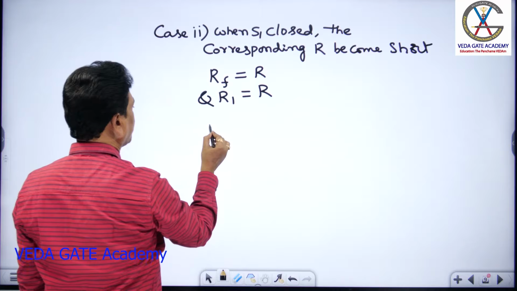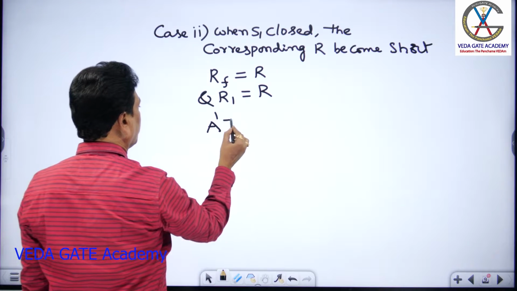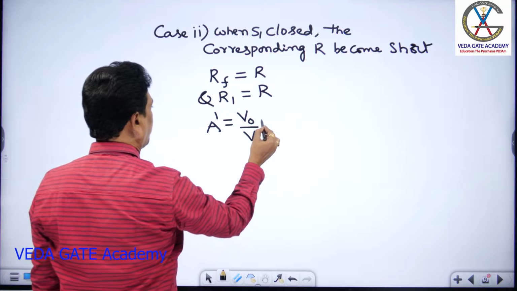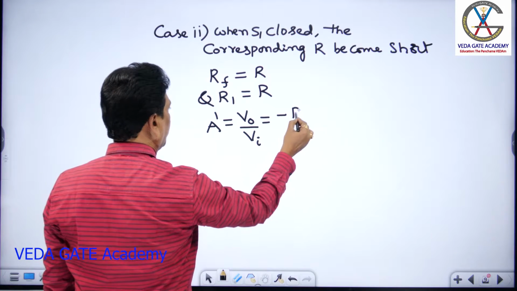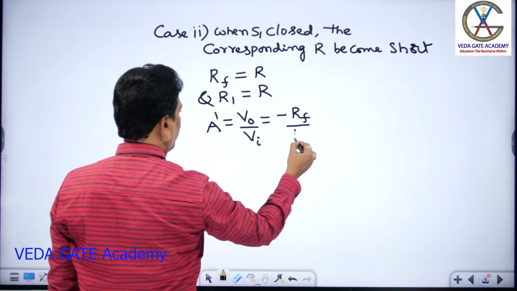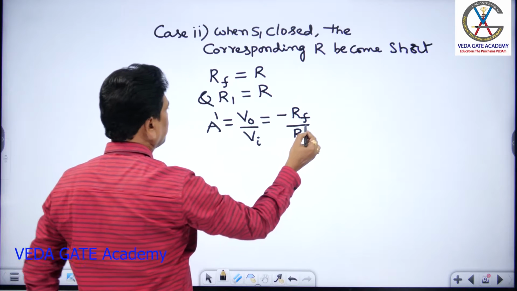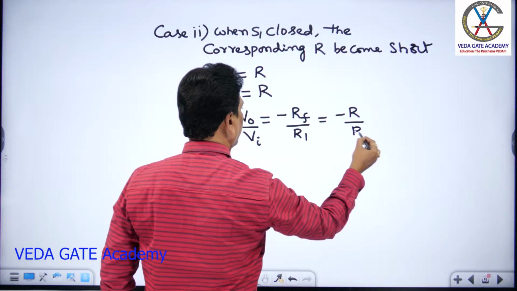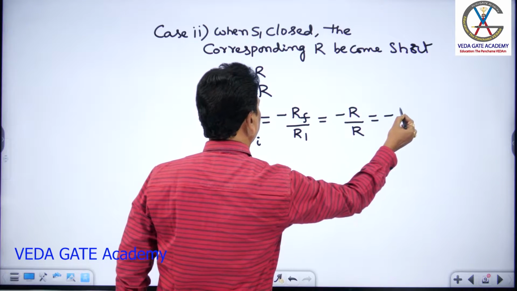Now under this condition, whatever the closed loop gain, A dash equal to V0 by Vi, and the formula for inverting circuit you know, minus Rf by R1. Substitute Rf is R, R1 also R. That becomes minus 1.